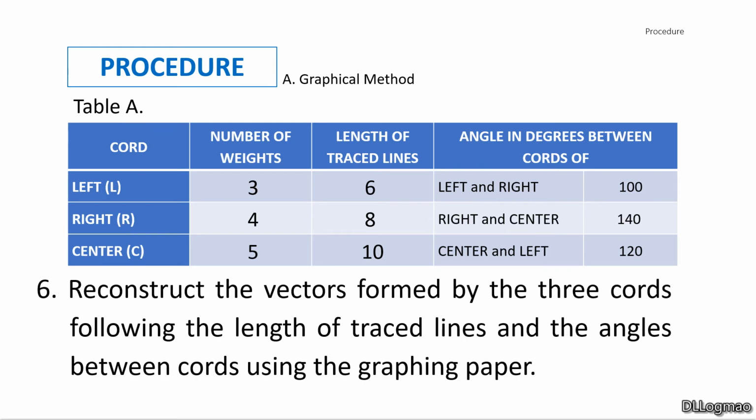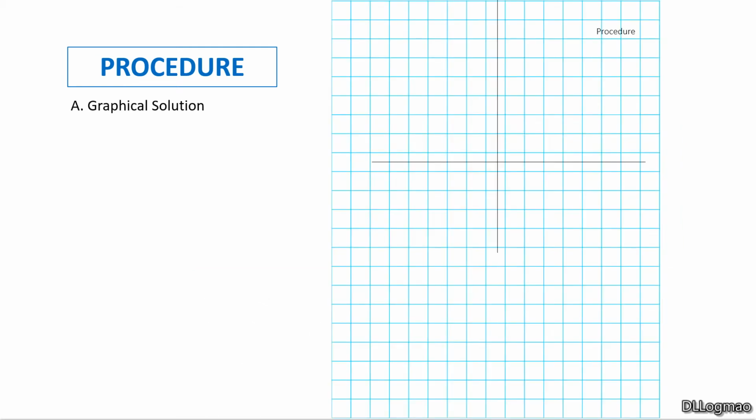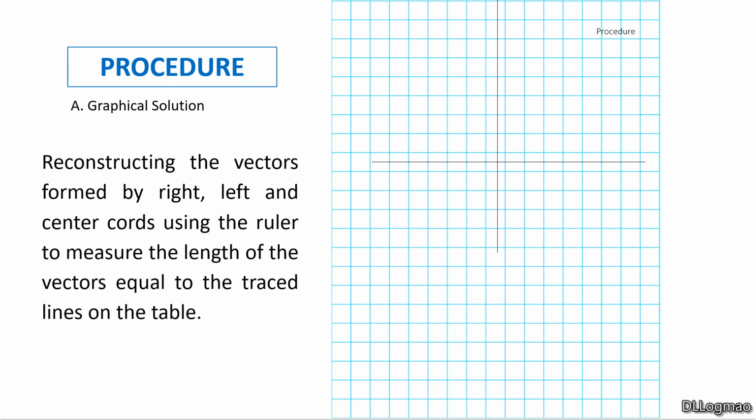Reconstruct the vectors formed by the three chords following the length of traced lines and the angles between chords using the graphing paper. On the graphing paper, reconstruct the vectors formed by the right, left, and center chords using the ruler to measure the length of the vectors equal to the traced lines on the table.